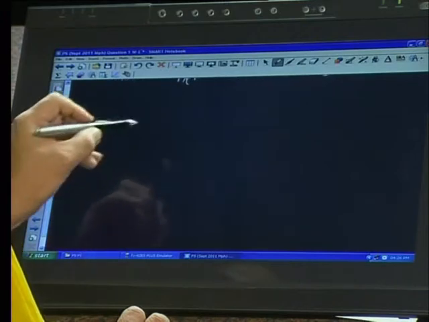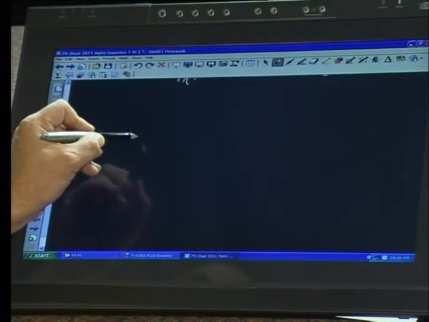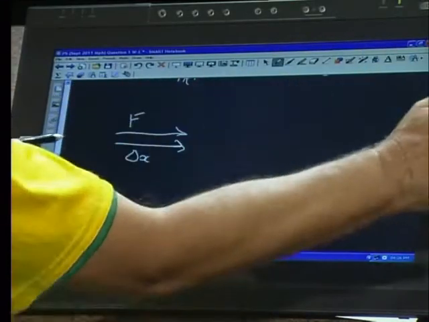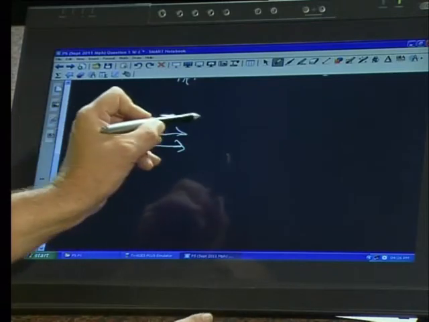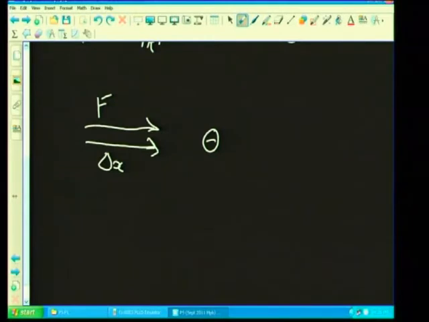That cos theta, remember the definition of work, requires us to say the following: if the force and delta x are in the same direction, like this object accelerating to the right, then the angle theta between these two vectors is going to be 0 degrees.